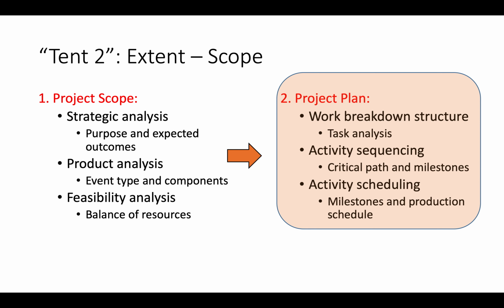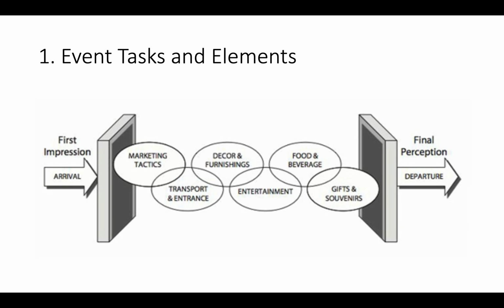After we have understood the scope for a project, we are moving towards making a project plan. And one thing when we are making a project plan is we need to determine the tasks we need to complete during the events, which refers to the elements during the events planning.